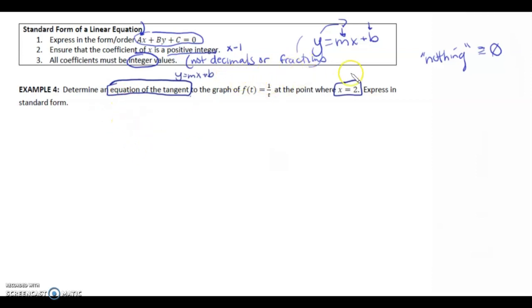So right now, we're going to leave out the x equals 2. We're going to do the general form that we've been doing for this lesson. So we're going to have f prime at x equals, the equation is the limit as h approaches 0 of f at x plus h minus f at x all over h.